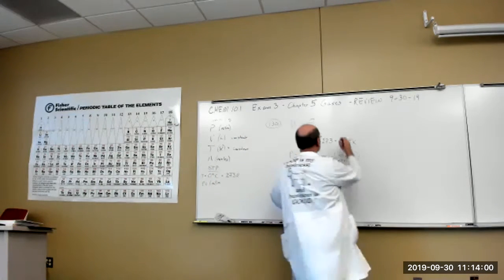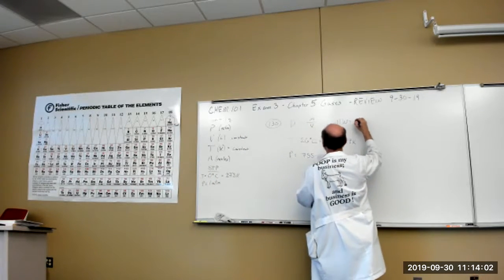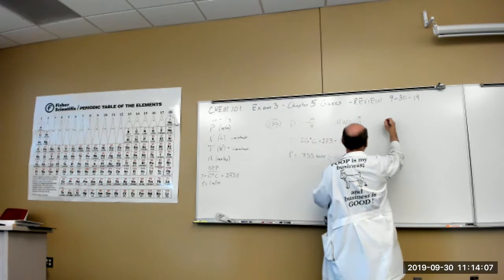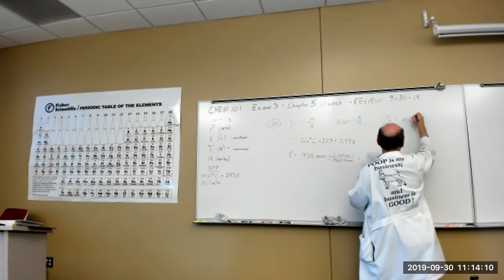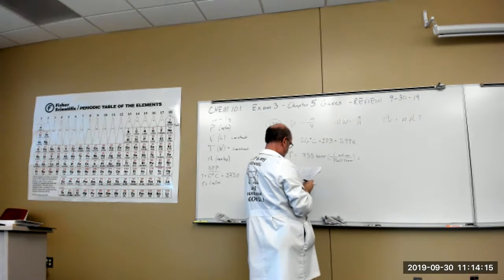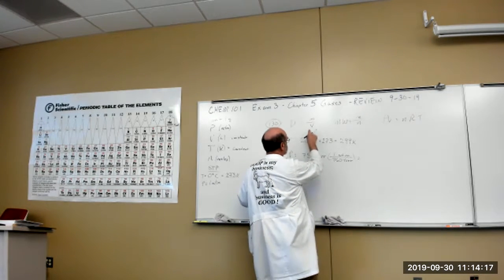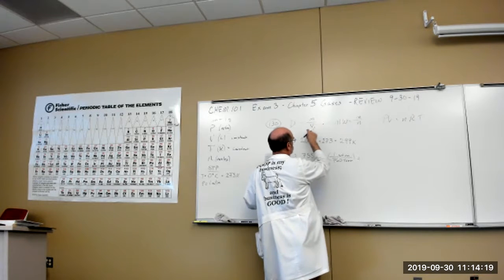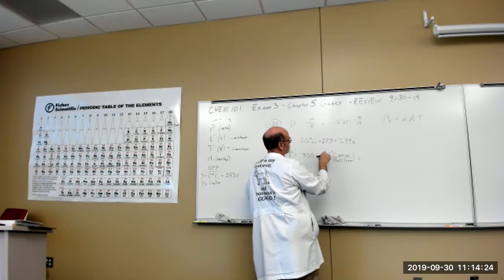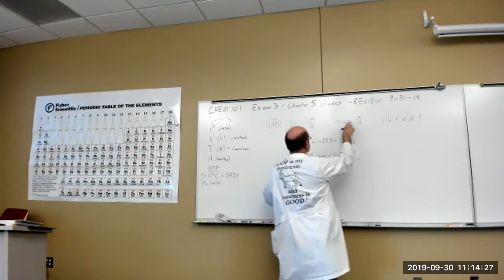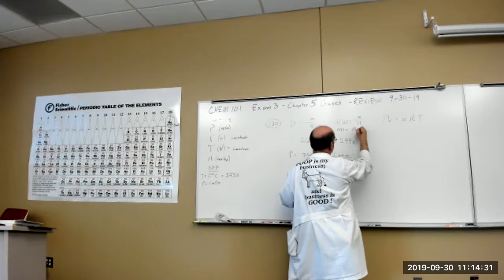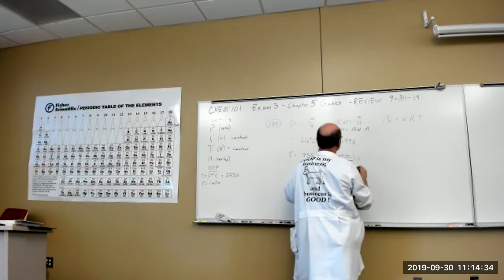There's the density. Here's the molecular weight equals mass per moles, and then PV equals nRT. So if we're looking for density, we want to substitute something in here that we know. If we solve this one for mass, that's equal to molecular weight times moles.